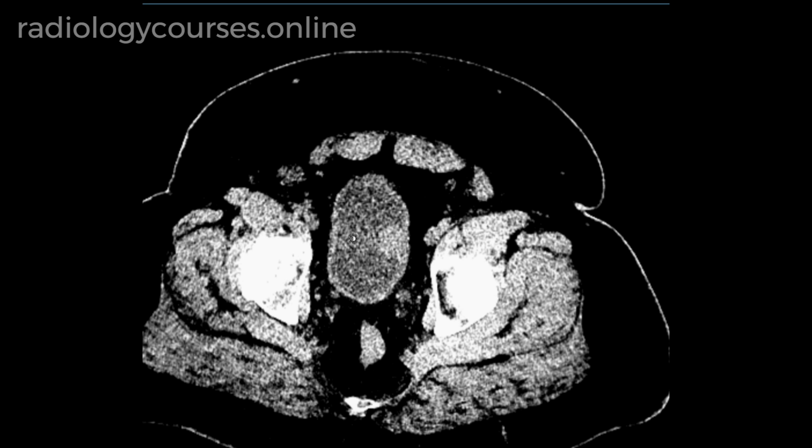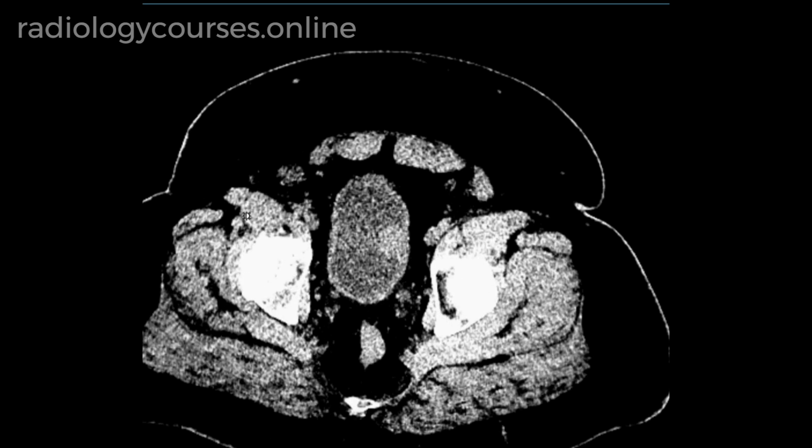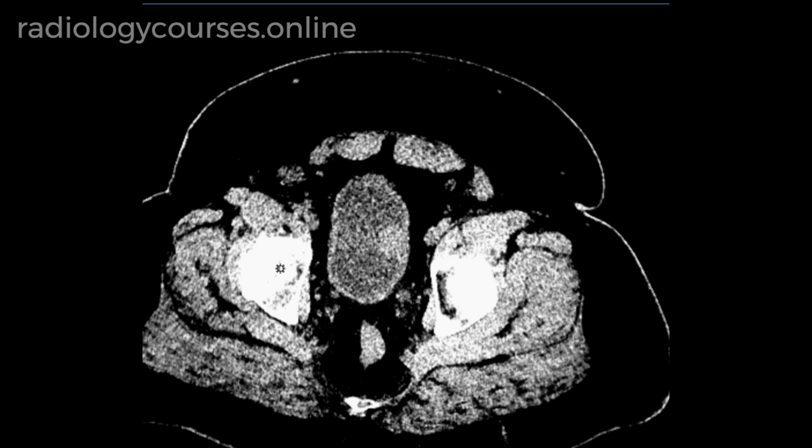I keep the window centering at 10 Hounsfield units, which is very close to the Hounsfield units of the water, slightly more than that, and also I keep the window width as 100 so that the soft tissue attenuation is within that window, and rest of the bone and calcification appears very bright and the fat appears very dark. So in that way, the soft tissue tumor stands out.